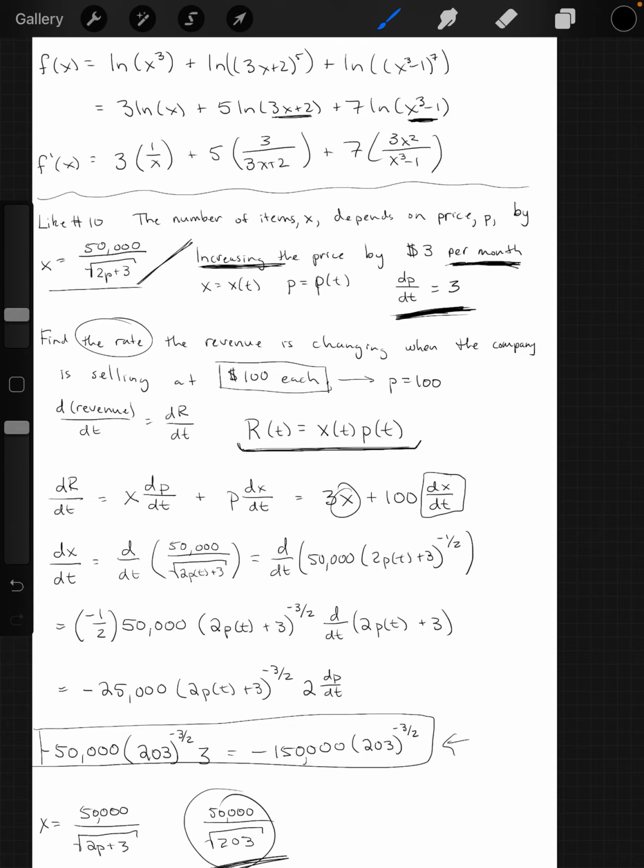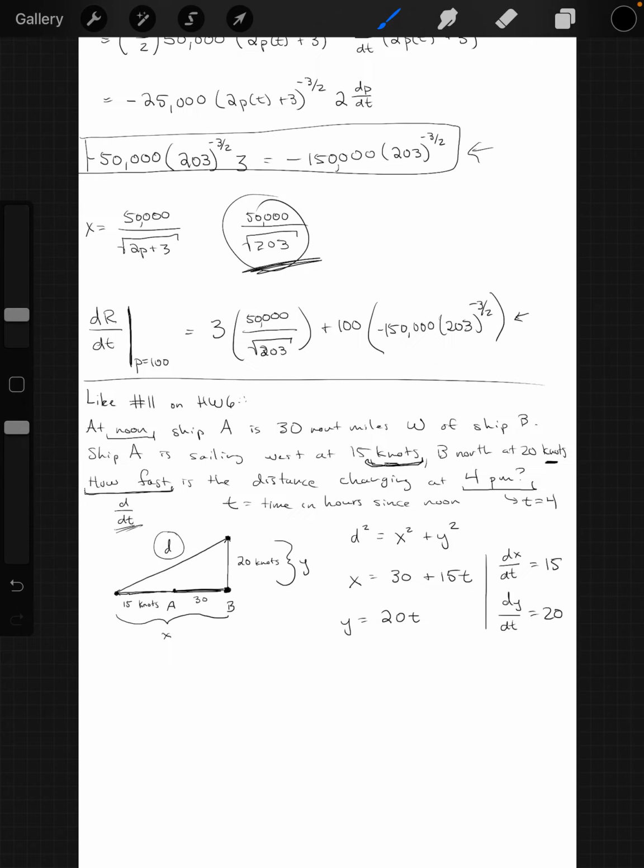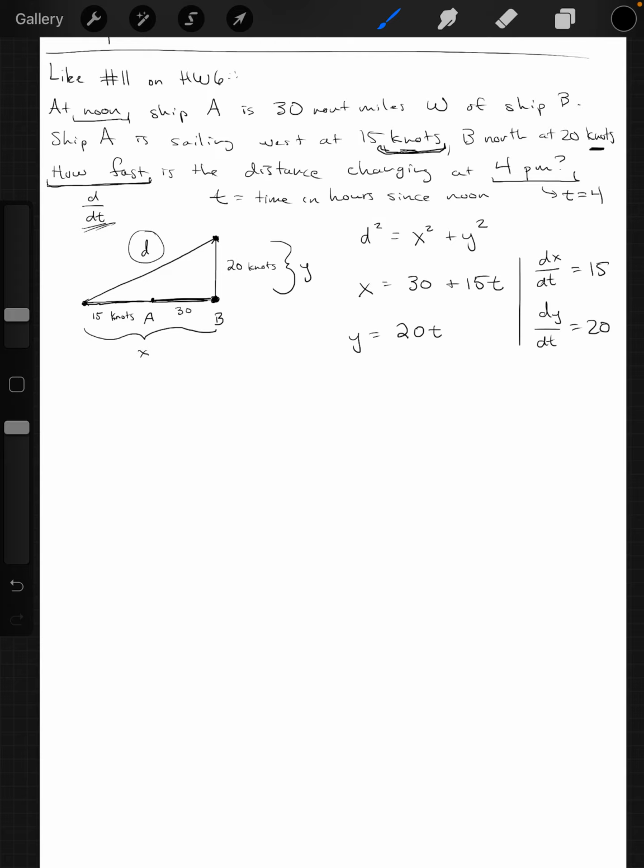Because we were told how fast the price was increasing. So here we're told how fast x and y are increasing. So even before we got these functions, we could find the derivatives on their own. That's actually given to us in the problem. In this case, we have to do a weird sort of thing of figuring out the function from their derivative.